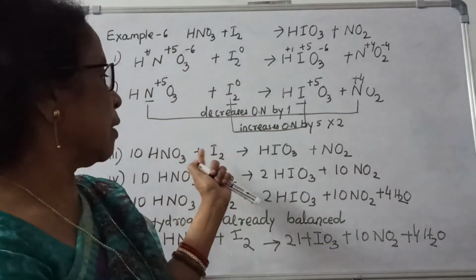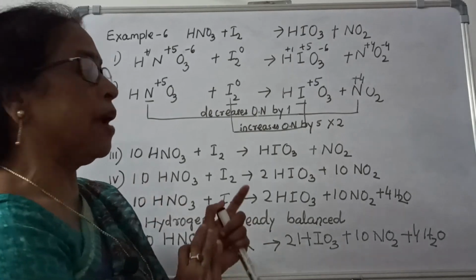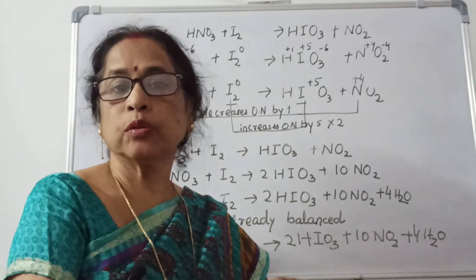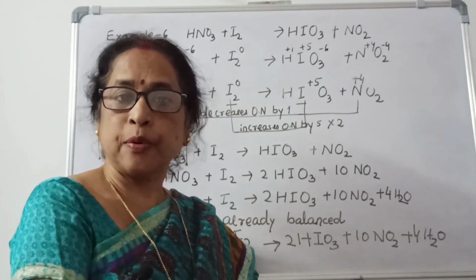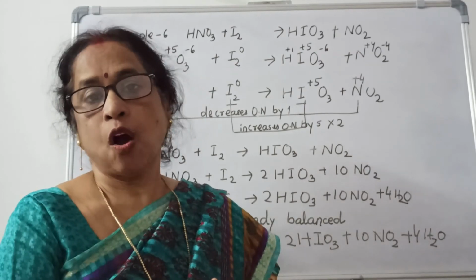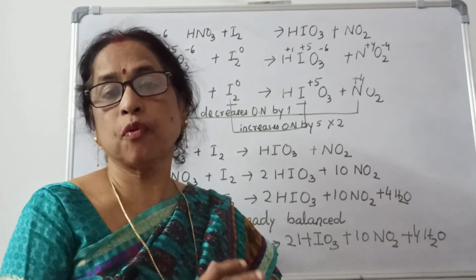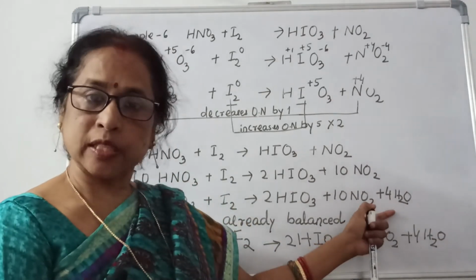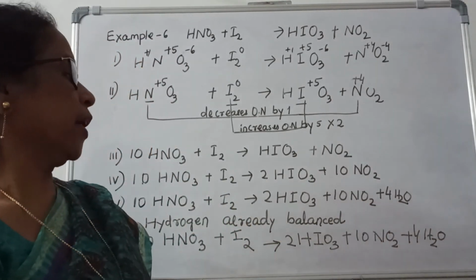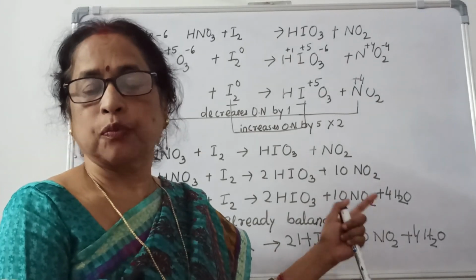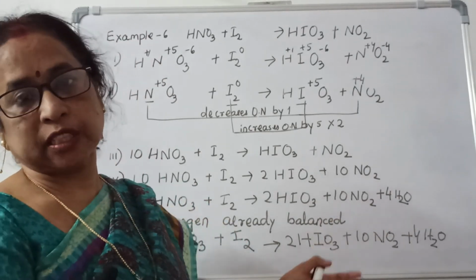Then we will make balance on both sides, reactant side and product side, except oxygen atoms. Since there is a deficiency of 4 oxygen atoms on the product side, we will put 4 water on the product side.